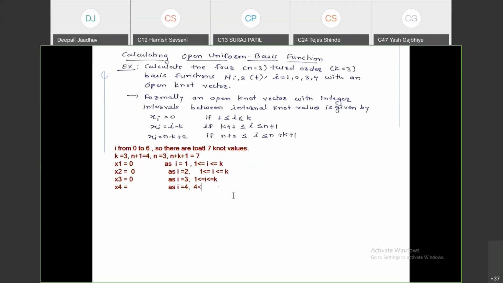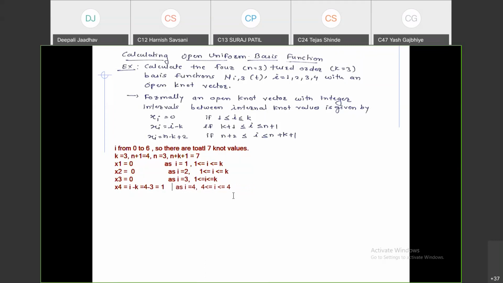So i is greater than or equal to 4 and less than or equal to n plus 1. N plus 1 is equal to 4. So as it is greater than or equal to 4 and also less than or equal to 4, x4 is equal to i minus k, which is 4 minus 3. So the value of this knot is 1.